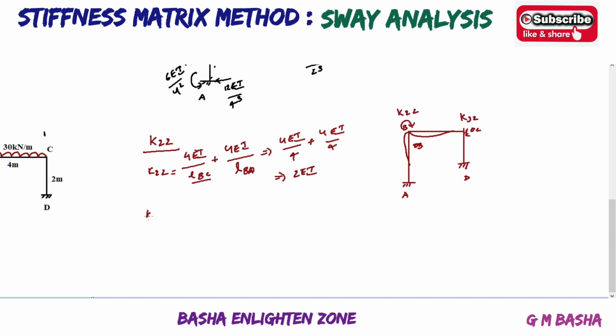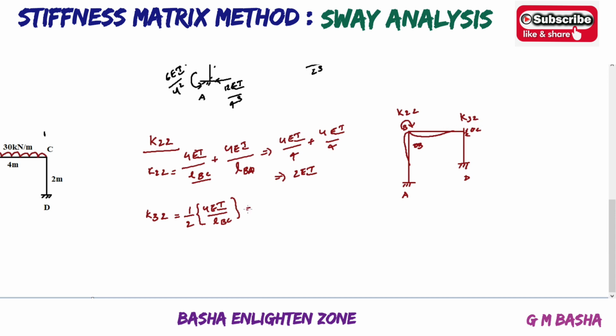Then K32 will be equal to half of the moment which is carrying in BC part. So BC part will be this one, just half of the moment, 4EI by LBC. Don't take this LBA. LBA part will be different. So whatever the moment obtained in KBC, the same moment exactly half will be distributed to the other end, that is K32.